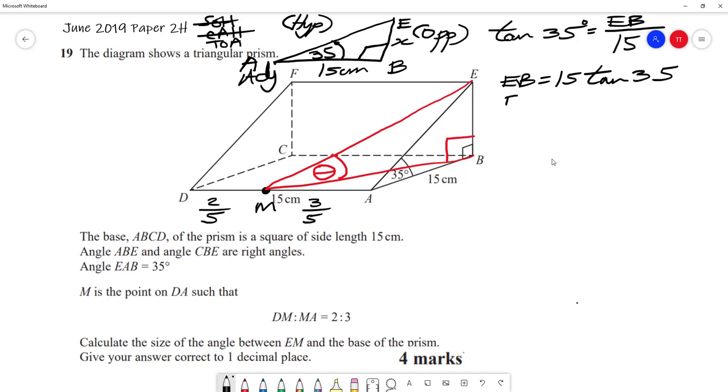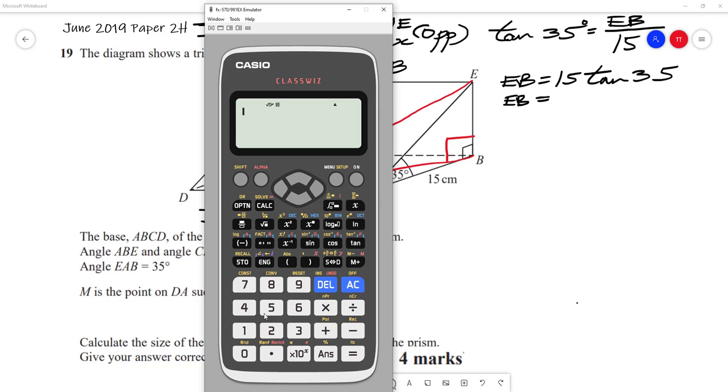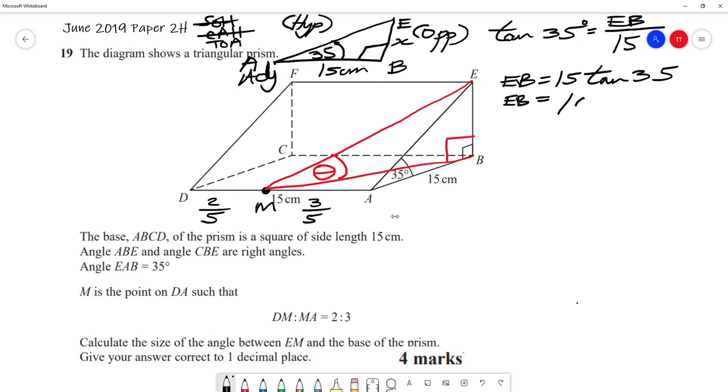So we can work this out on our calculator. 15 times tan 35, which is 10.503, and so on.